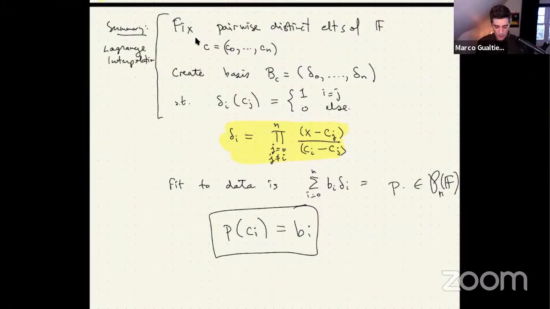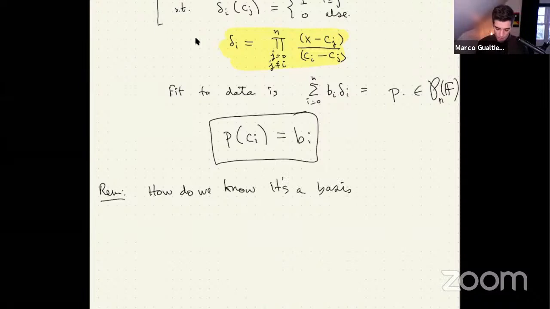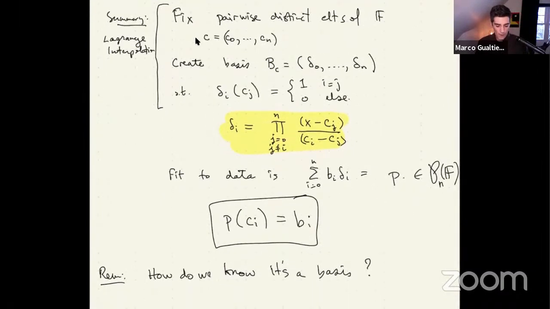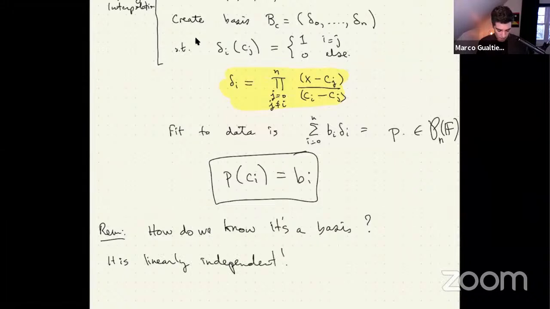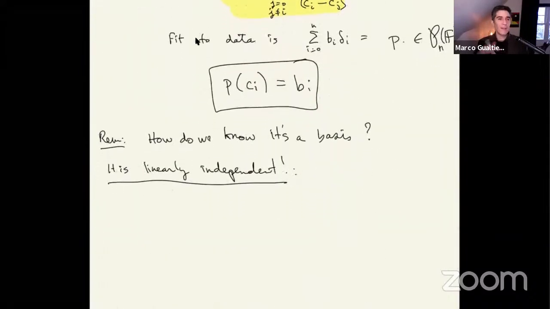Okay, now just a remark. How do we know this is a basis? In order to know that this is a basis, I'm going to show that it's linearly independent. Why is it linearly independent? Well, this basis is an indicator basis, right?